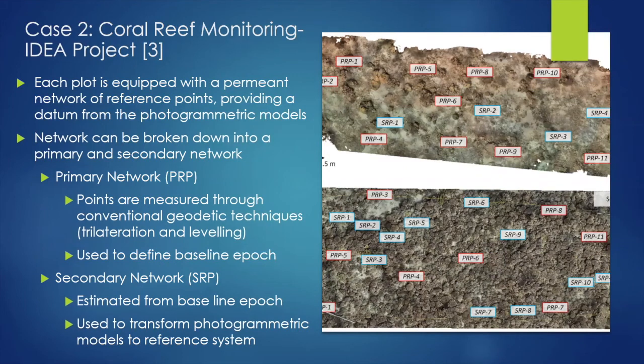It was broken down into 2 networks, as can be seen in the images. So the red PRPs are part of the primary network. These points were measured through conventional geodetic techniques, so trilateration and leveling, and it was used to define a baseline epoch. The secondary network in blue is estimated from the baseline epoch and is used to transform photogrammetric models to the reference system.